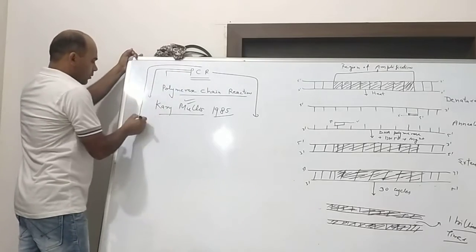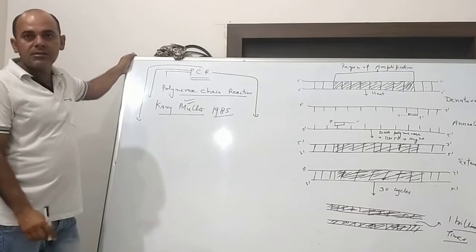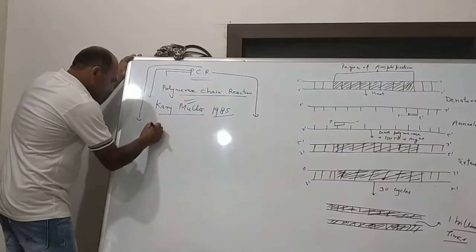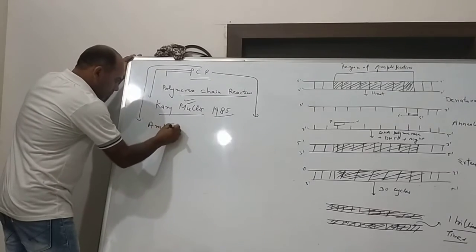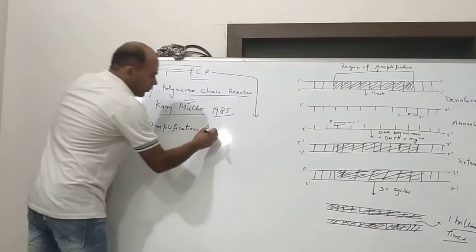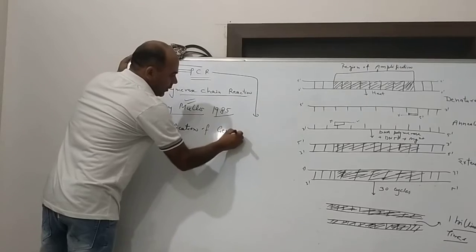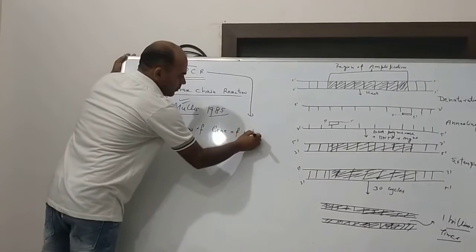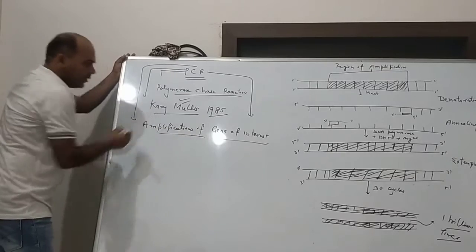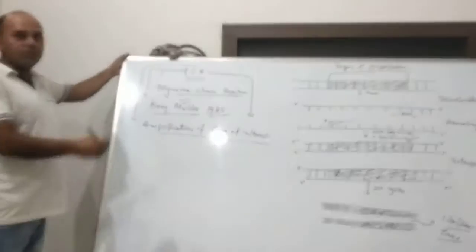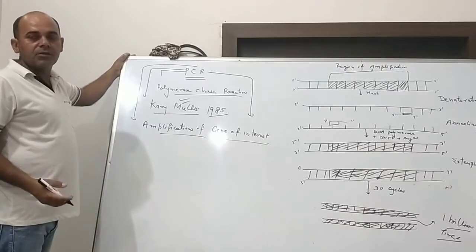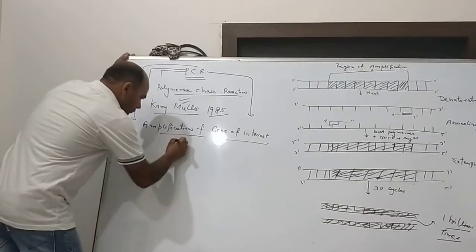It is used for amplification of DNA fragments. Amplification of the gene of interest, you can say, or in simple words, to make multiple copies of DNA fragments.